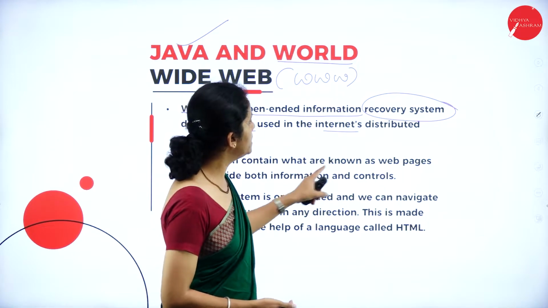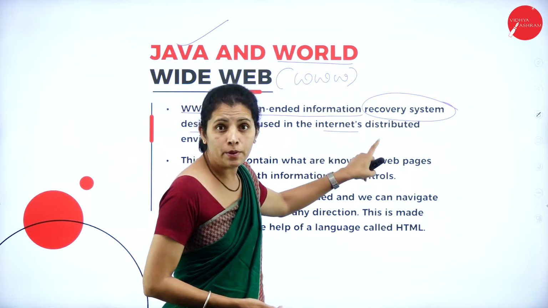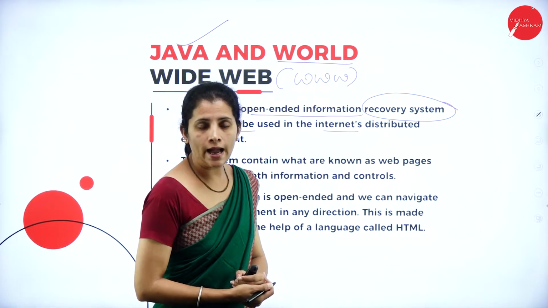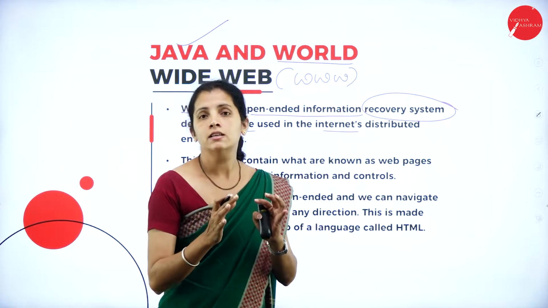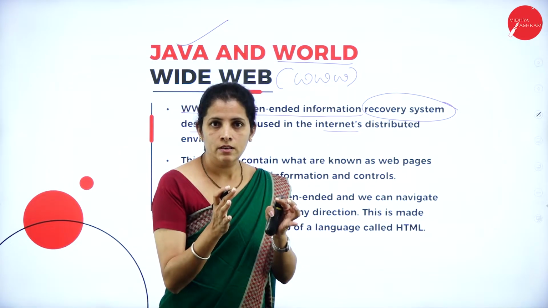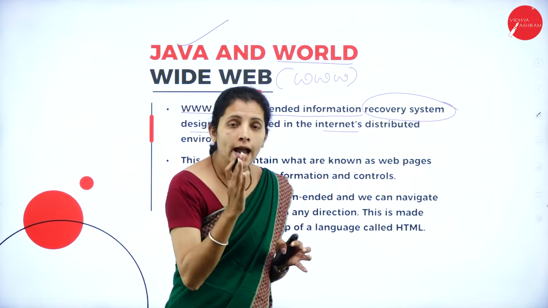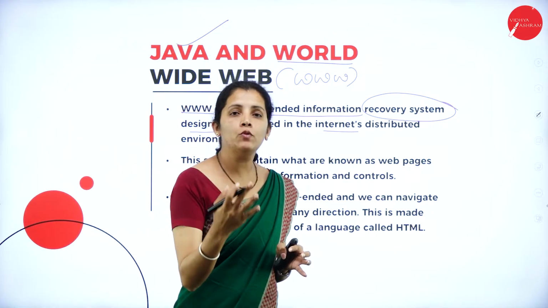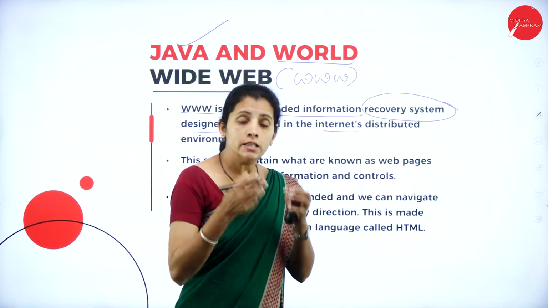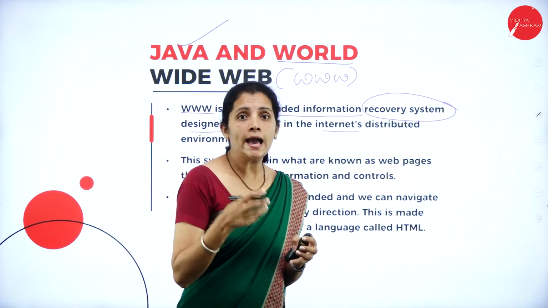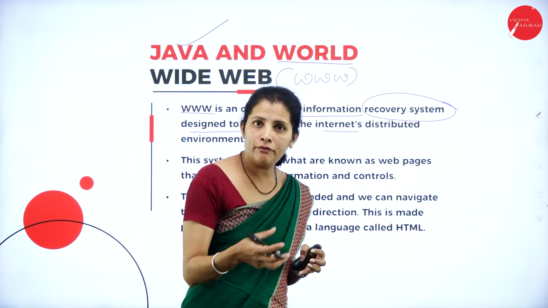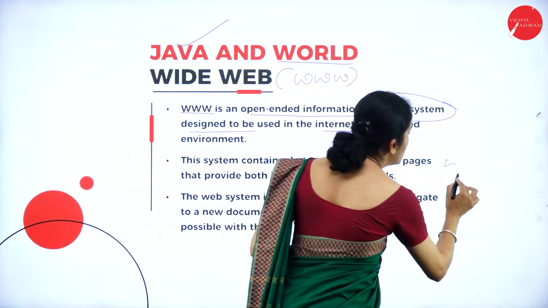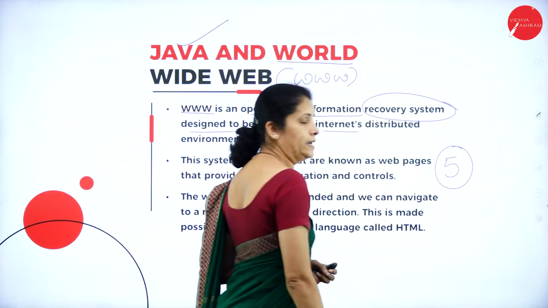So what is the meaning of the word distributed environment? For example, think that I want to write some assignment, and assignment carries 100 pages. Now what I'm going to do? I'm going to distribute this assignment with my friends. That means think that I have 5 friends.